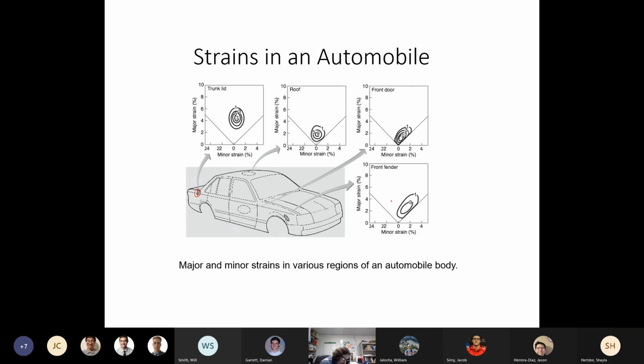The front fender, we're over here. We notice that we have less strain, the roof lid, and then the door panel. So it looks like the back fender in this particular region, or the trunk lid, has the most strain needed.